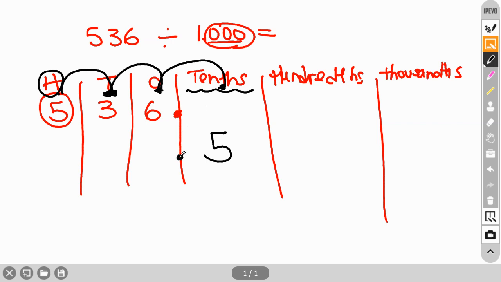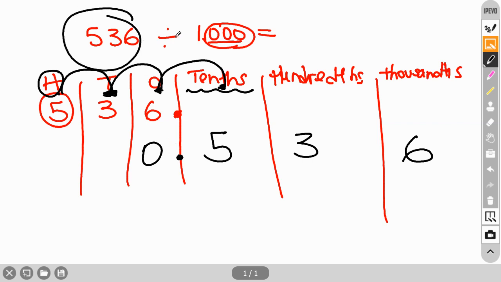So here you have your decimal, and you don't have to worry about the rest. You do have to copy them. They just fill up the other place values you have there. Here, I like to put a 0 for the ones place. Again, remember I told you 536 was not enough to divide by 1,000? Sure enough, see, nobody gets 1 whole. We all get something less than that, because this is not enough to give all 1,000 1 whole.